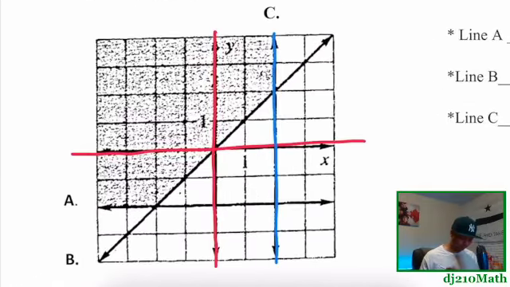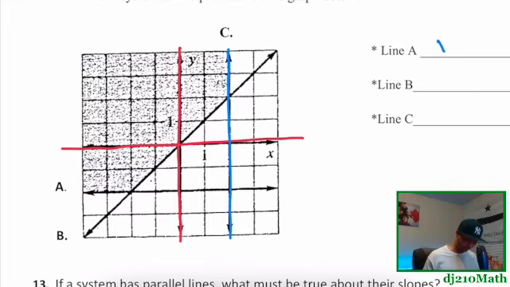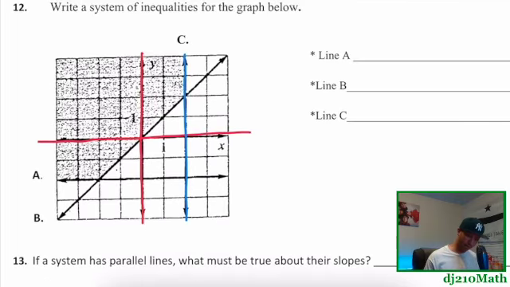Okay. So here, the blue line is going to be C. So this is x equals a number for sure. X equals a number. What number? Positive 2. We're shading to the left. So this is less than or equals, because it's solid. B, call it the green line.